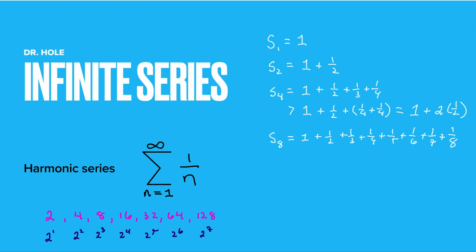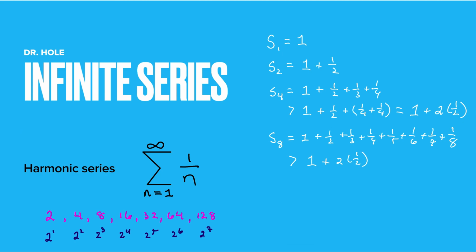And we know what to do with the first few terms. We'll treat that as 1 plus 1/2 plus another 1/2. That's going to give us 1 plus 2 copies of 1/2.